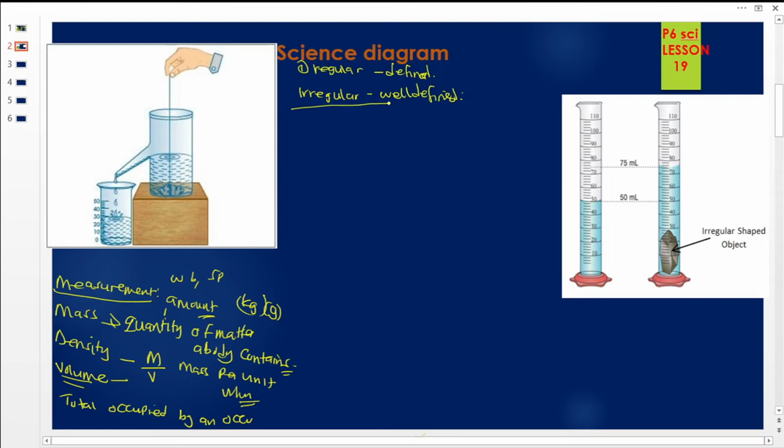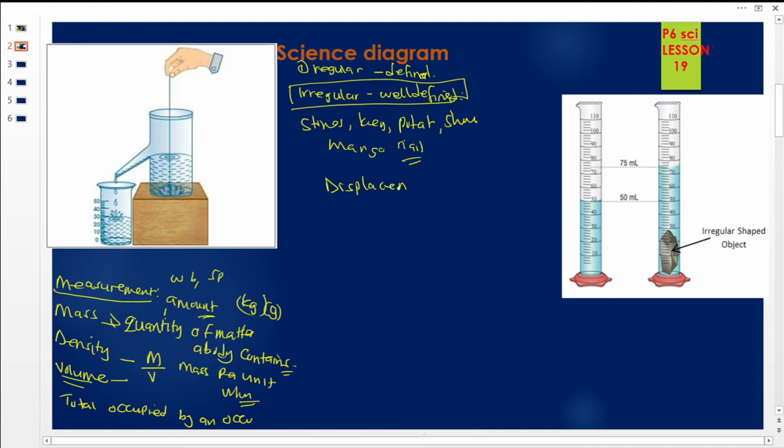Now we are going to look at the methods of finding the volumes of irregularly shaped objects, like the stones, the keys, potatoes, shoes, mangoes, broken glasses, nails, and so on. The method we use is called the displacement method.